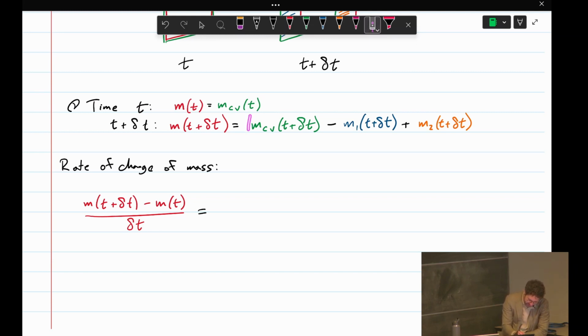Basically, the change in mass is going to be this minus this.